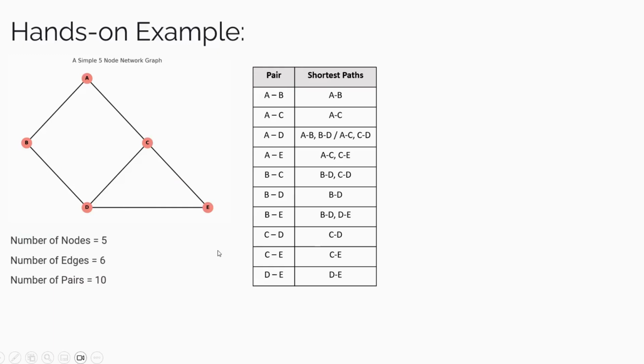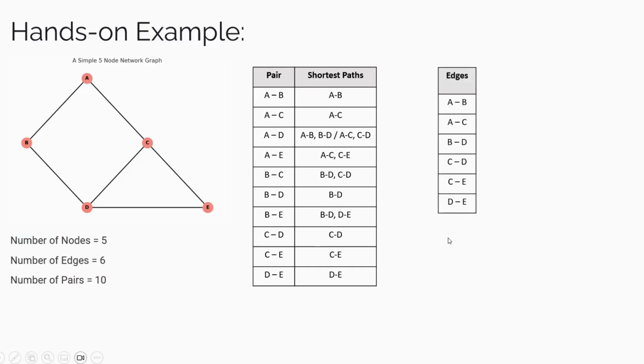Okay. So how do we do that? Let's first record the edges. That is AB, AC, BD, CD, CE, and DE. 6 possible edges that we can see in the diagram. Now let us see the shortest paths that this edge is actually appearing in.